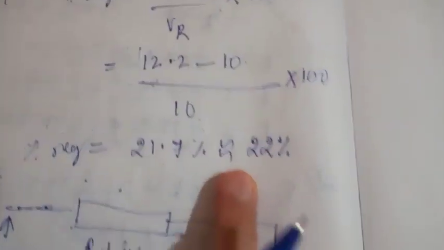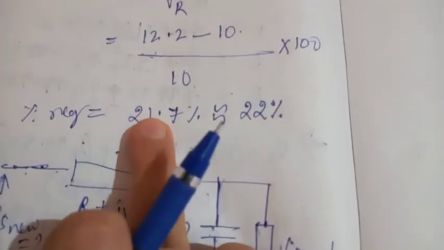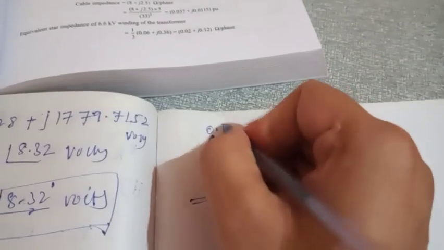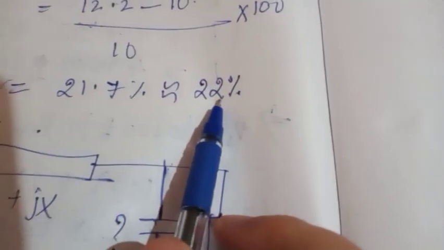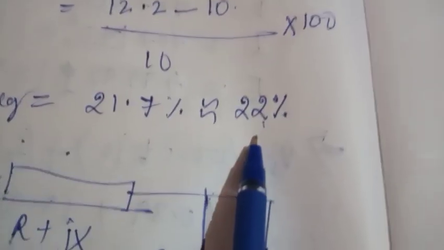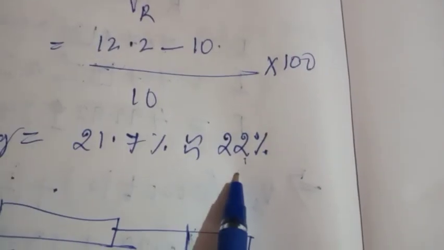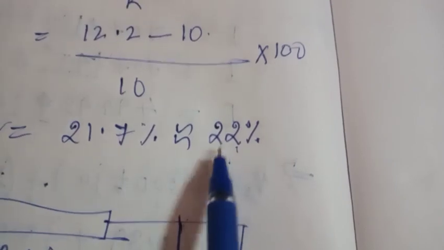What is the previous voltage regulation? We have 21.7 or 22%, so around 11% is the target, which is 0.11 if it is reduced to half.